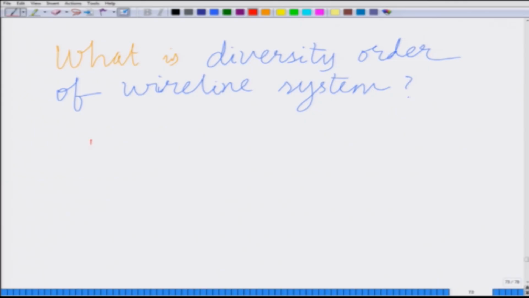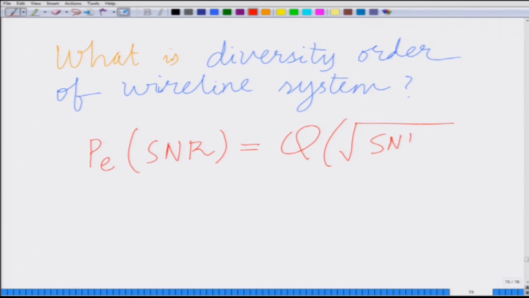We know that the probability of error for the wire line system, as a function of SNR, is equal to Q square root of SNR, which at high SNR is approximately equal to half e raised to the power of minus half SNR.